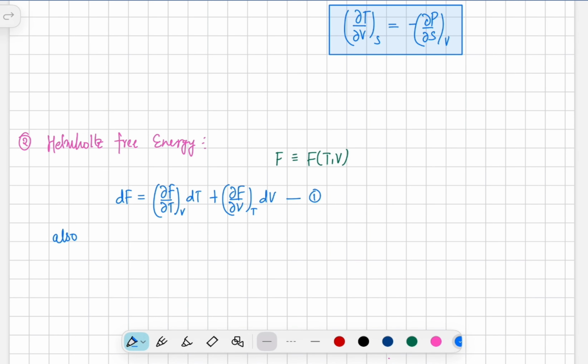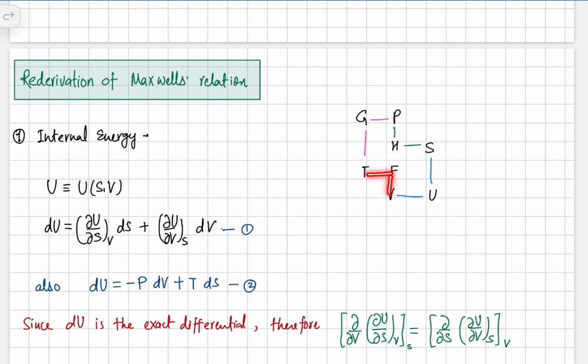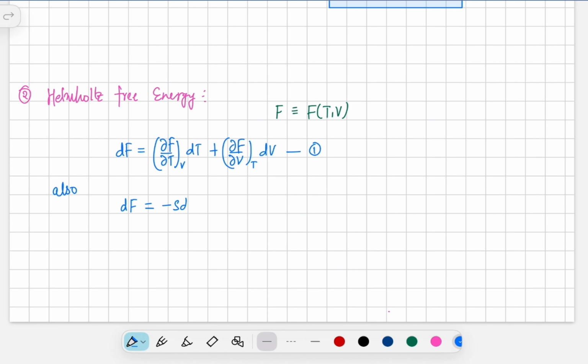Also using mnemonics you can write dF is, dT or dV are differentials, and what is the cousin of T, that is S, and what is the cousin of V, P, so it is simply minus S dT minus P dV, because both are in the negative direction.